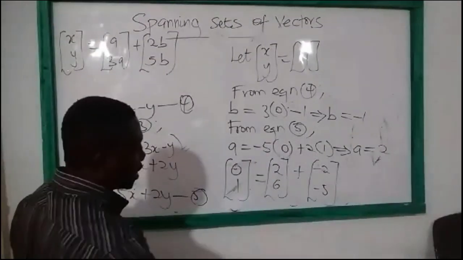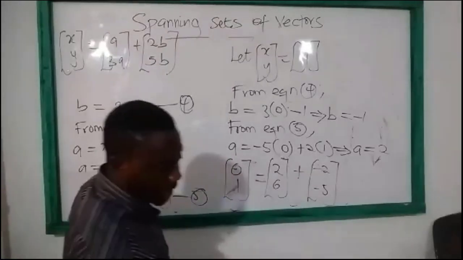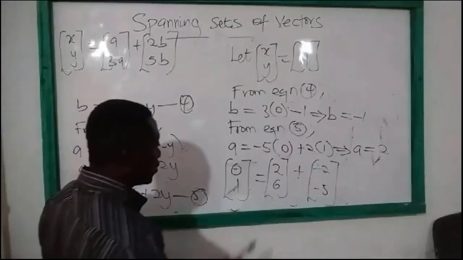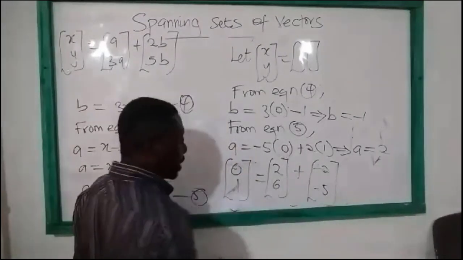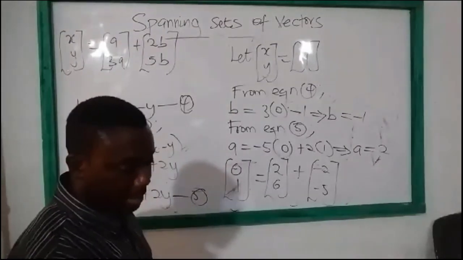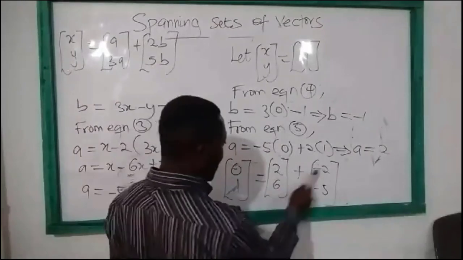So from here, you can see that when you add them, addition of vectors is done correspondingly. So we are going to add the ones at the top and also add the ones below. So let's add them and see.